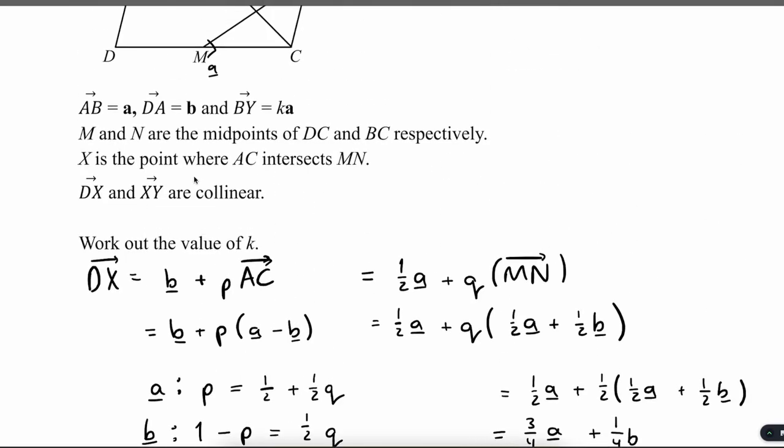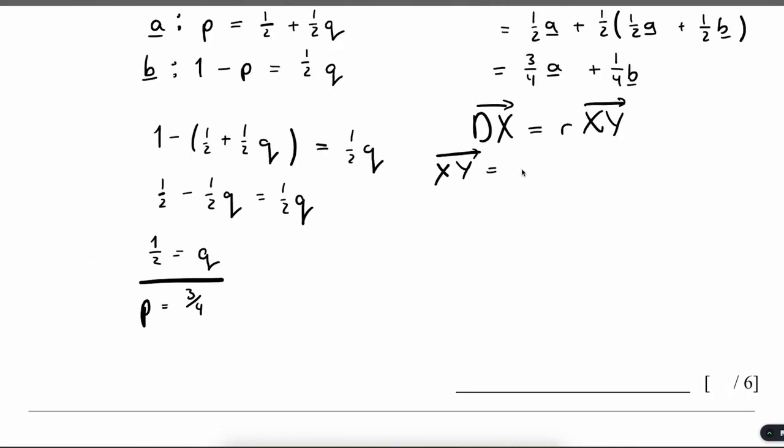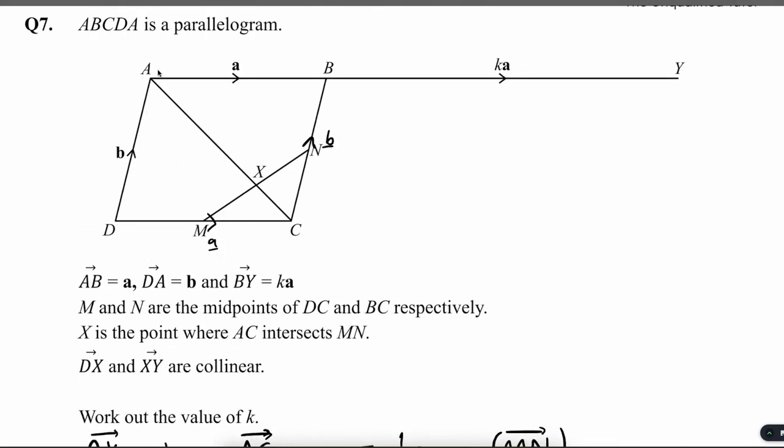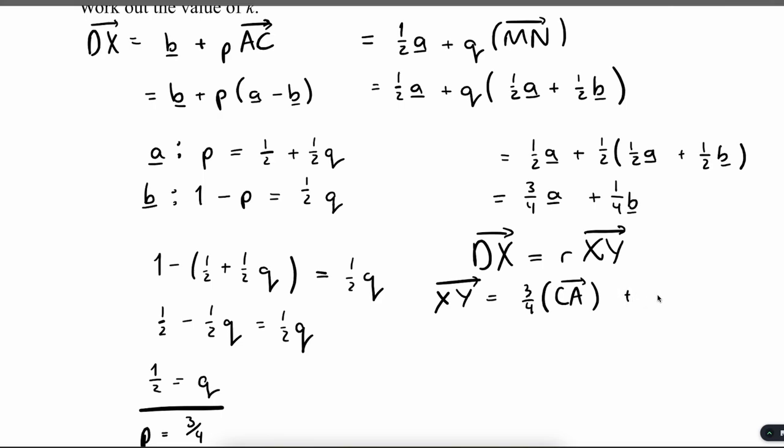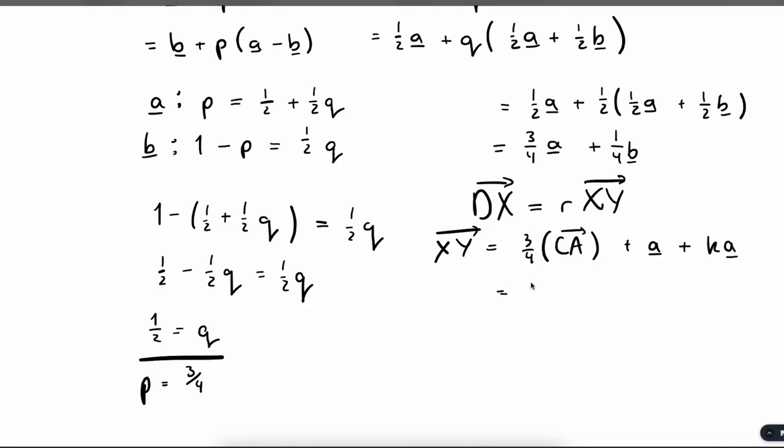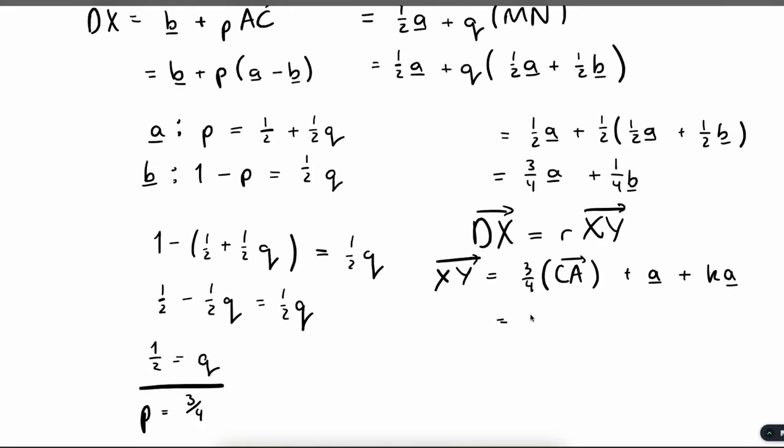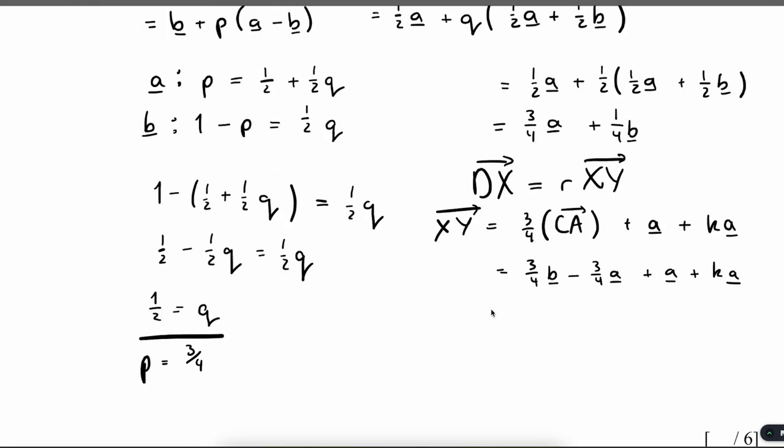So we know that XA is equal to 3/4 lots of CA. But then we've also got to add on A and then KA as well. Now CA is minus AC, which is B minus A, so that's 3/4 B minus 3/4 A plus KA, and if you multiply by R, then that is equal to DX.